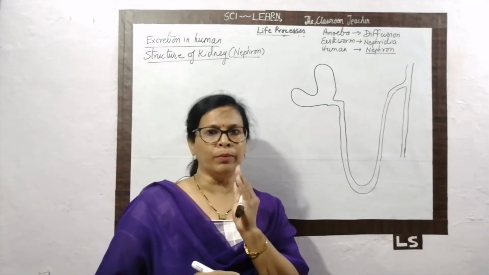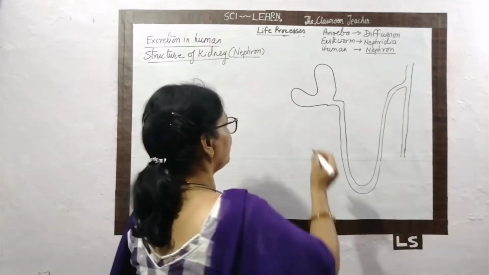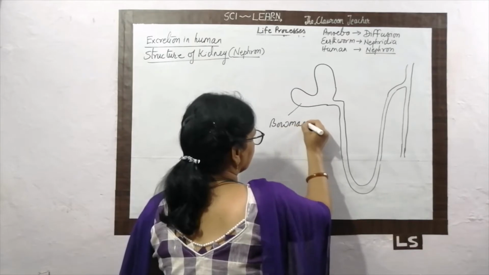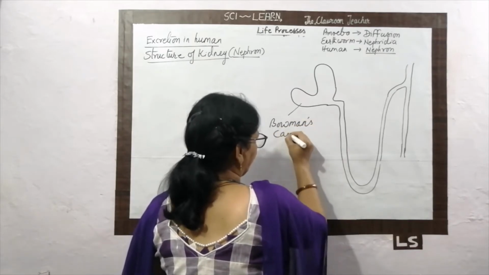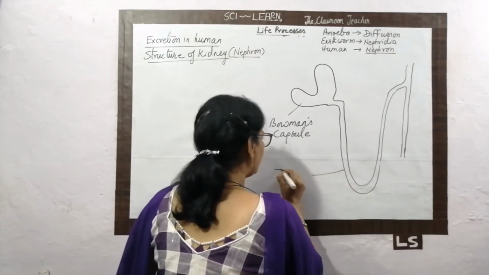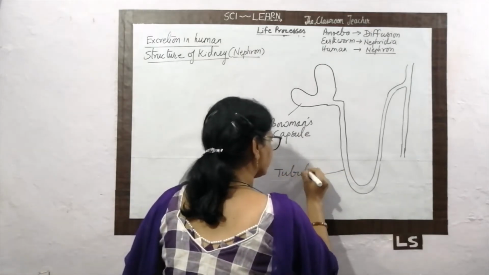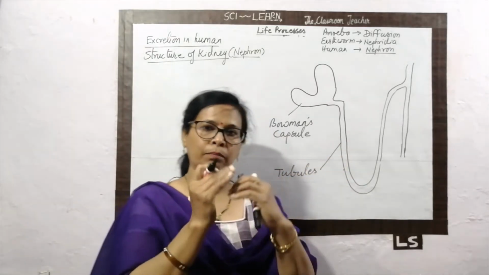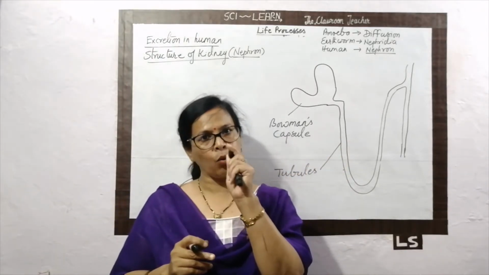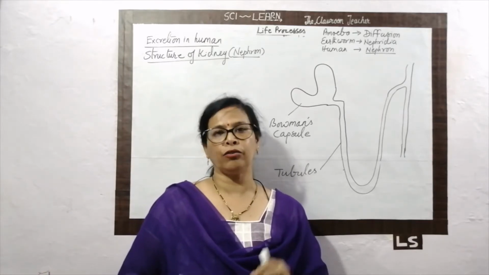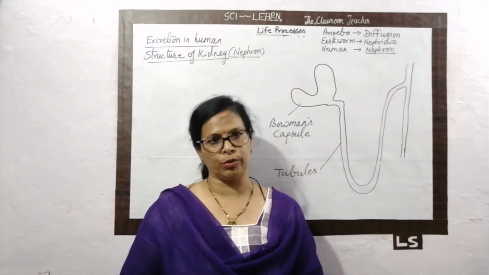One is called Bowman's capsule and one is called the tubule. This is the Bowman's capsule, and these are the tubules. When these two combine together, we call it one nephron. So what is a nephron? It is the unit of Bowman's capsule and the tubule.